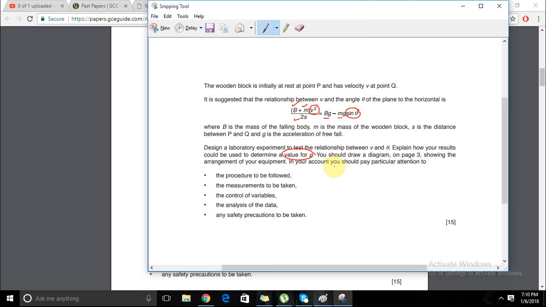And then there's something called constant variables, and these are the things you need to keep constant. So when we're talking about velocity, we are talking about acceleration as well, right?